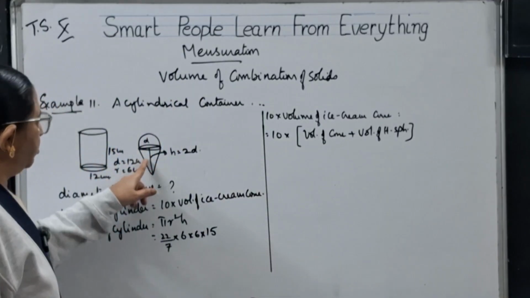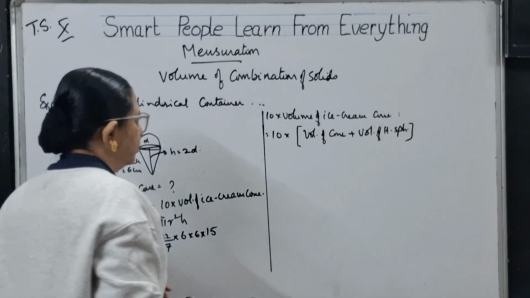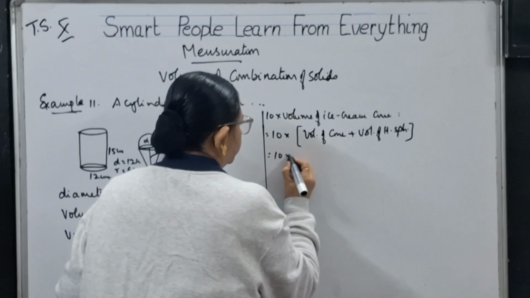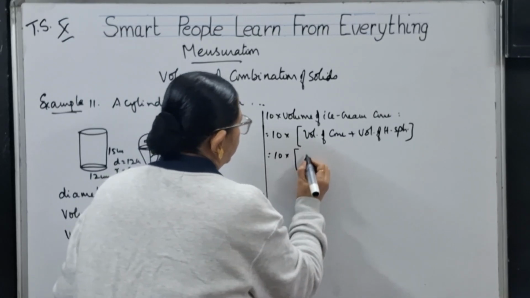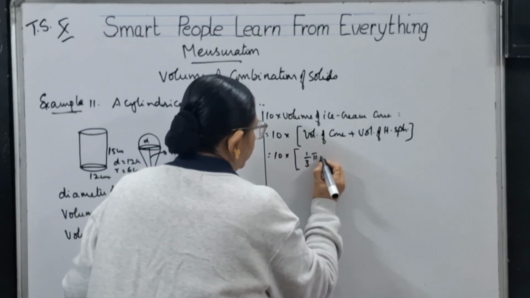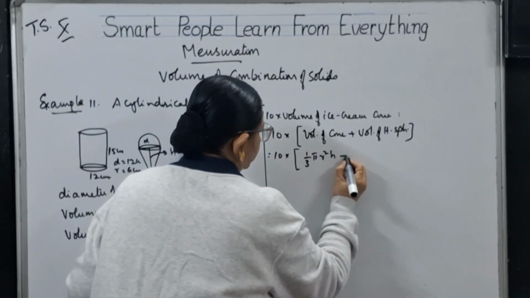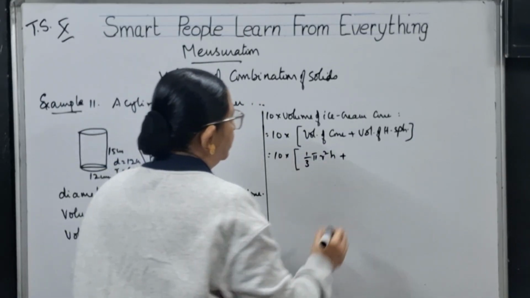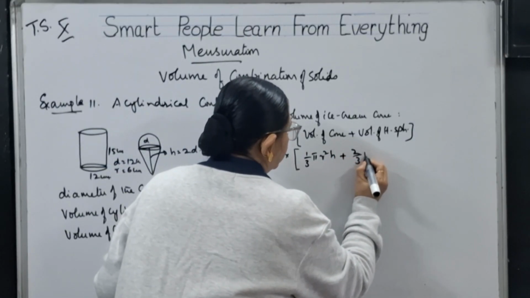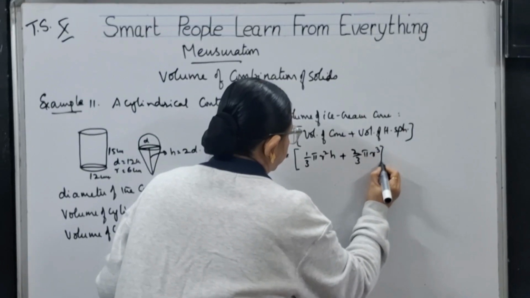So this is 10 times, 1/3 pi r square h plus volume of hemisphere, 2 by 3 pi r cube.